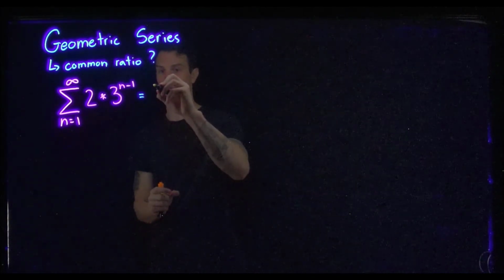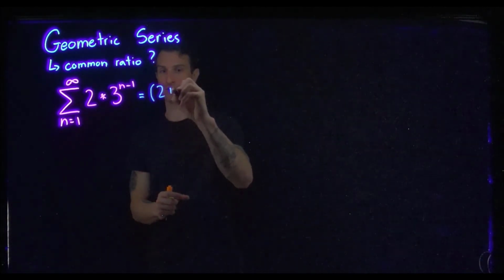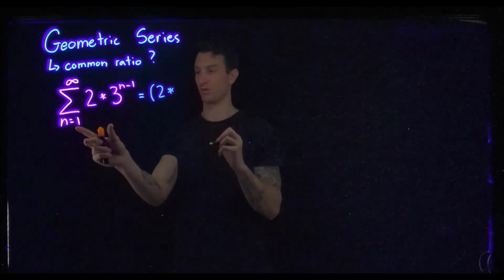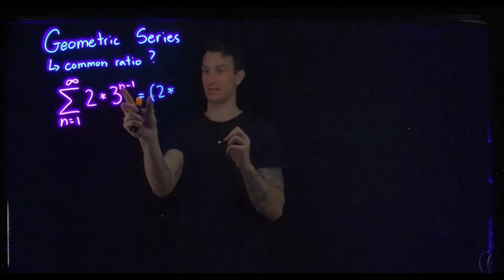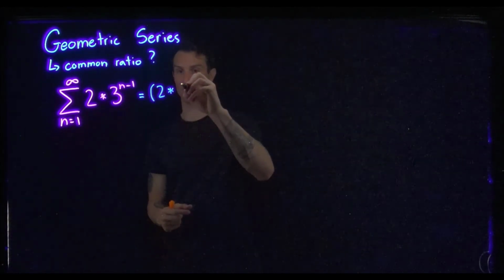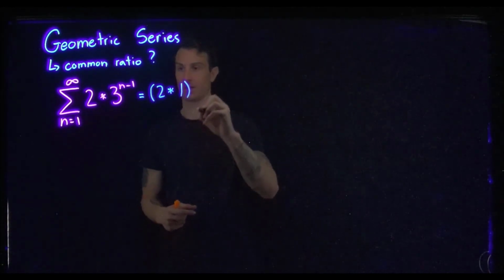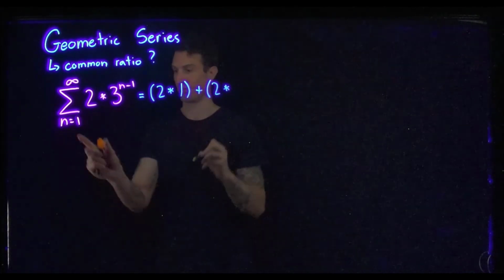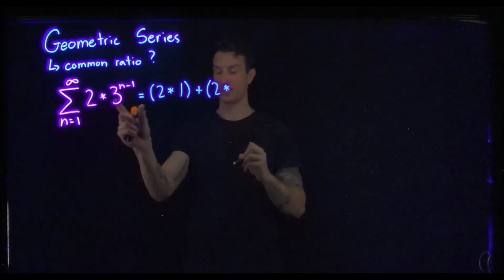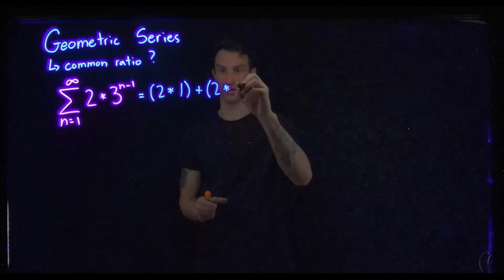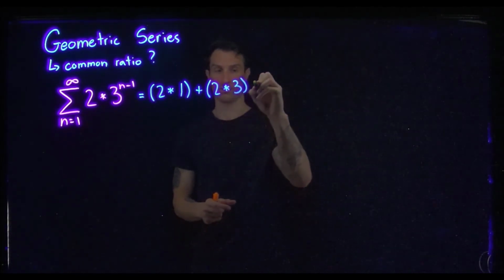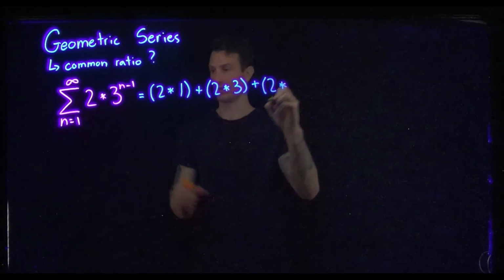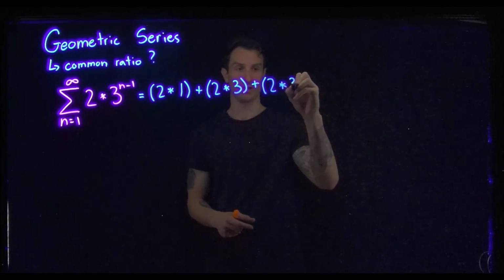So I have 2 times 3 raised to the 0, which is 1, plus 2 times, if I plug in 2 now, 3 raised to the first power, plus, we'll do one more, 2 times 3 squared.